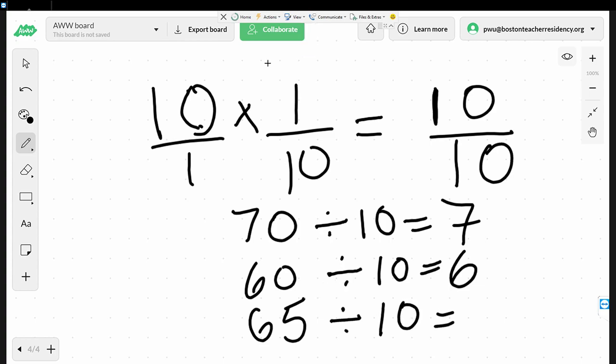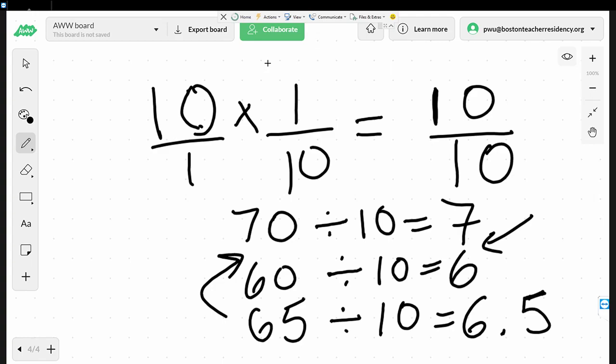Well, I'm going to convince you. 65 goes in between 60 and 70, right? 65 is 5 above 60 and 5 below 70. That's halfway between the two. So our answer's got to be halfway between the two of these. Or if I'm thinking about decimals, our answer is going to be 6.5.